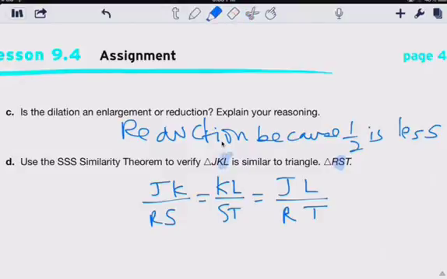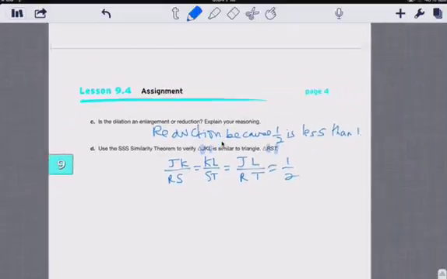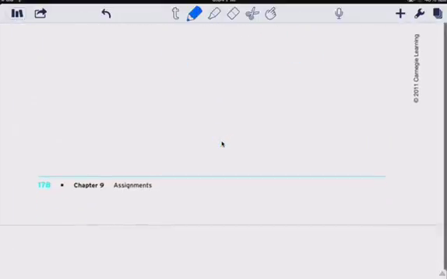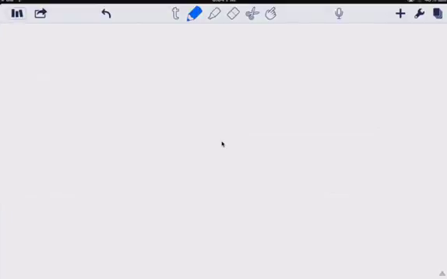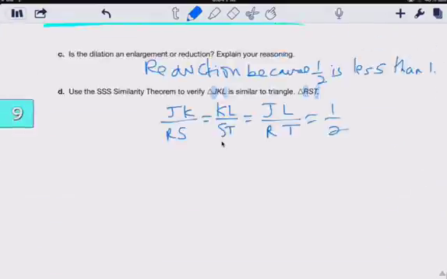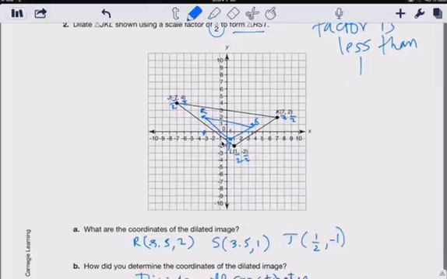So you need to be careful on that. The scale factor is a half, so each pair equals a half when you reduce it. Any question? I'm not going to do all the Pythagorean theorem. You can prove it, but you'll prove the same thing.